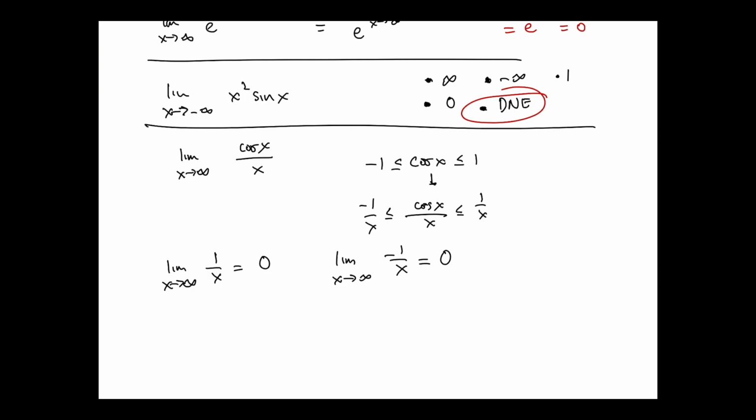The squeeze theorem requires that we have a function between two other functions, and what has to be true about the limit of the outer two functions? They have to be the same thing, right? If you don't have both of those things, you can't use the squeeze theorem because there's no squeezing happening.